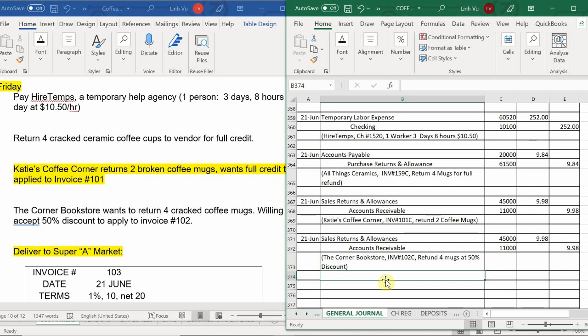It's the same as the other one, but that customer is receiving 50%, and the other one just receives the full amount to pay.